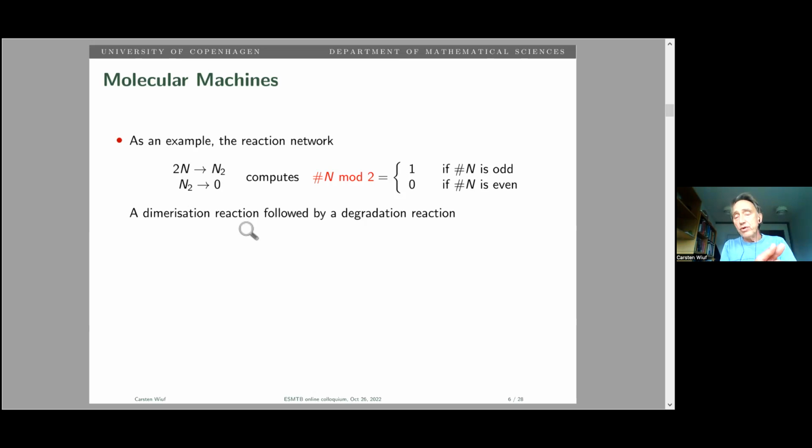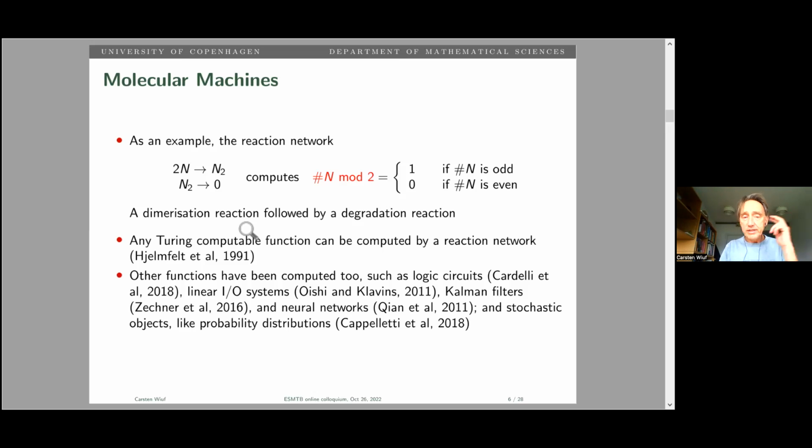Well, if you start out with an even number of N molecules, they would all pair up and be degraded, and there would be none left, so 0 left. If you start out with an odd number, all of them would be paired up except for 1, because the last one cannot find any other one to pair with, and so you are left with 1. So in essence, it computes the N mod 2 function.